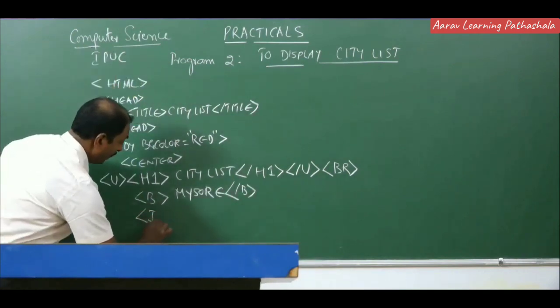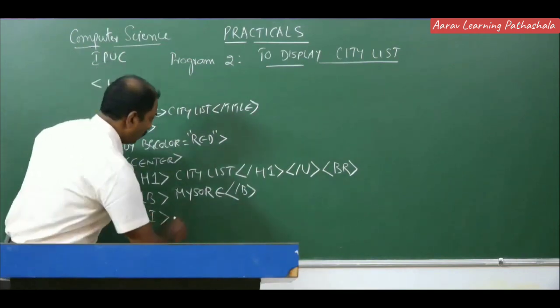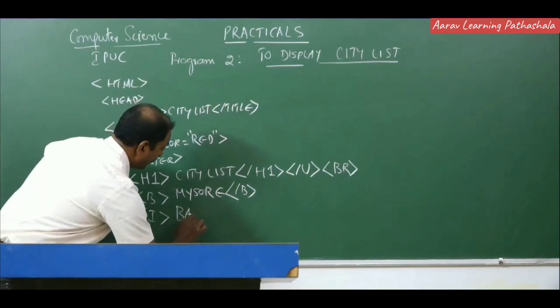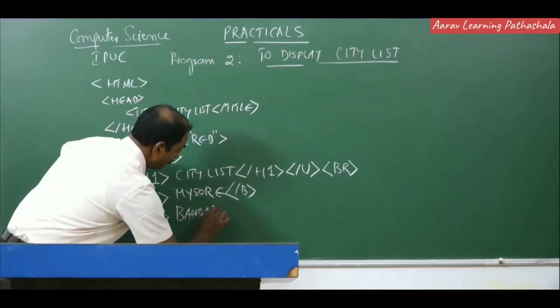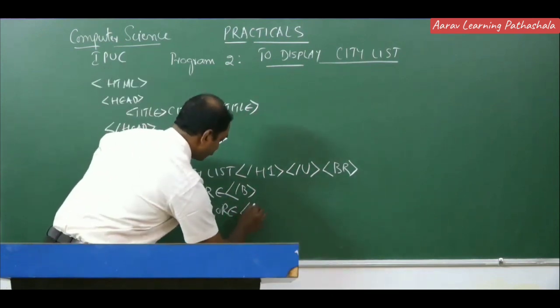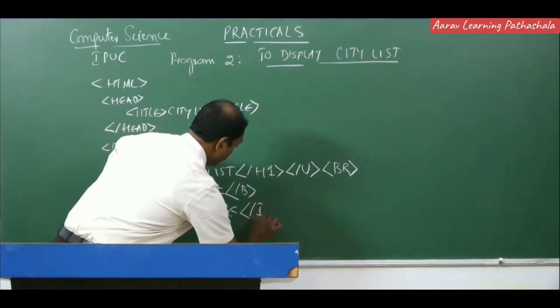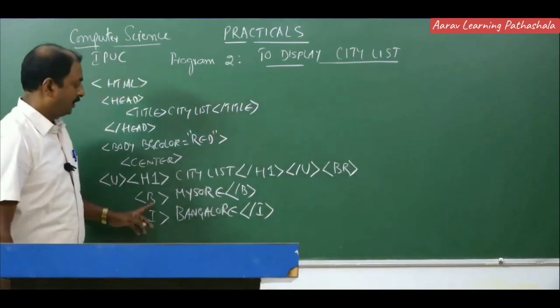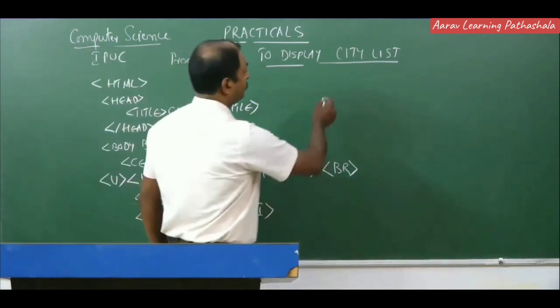Next I can make use of the I tag to display one more city. That I can write, Bangalore. We have to close with this italics tag. I will continue here.